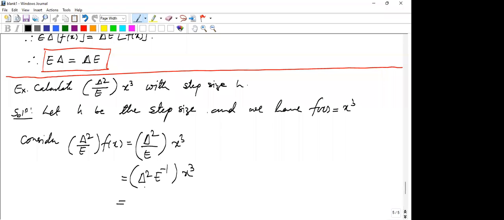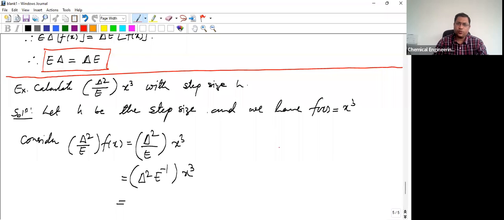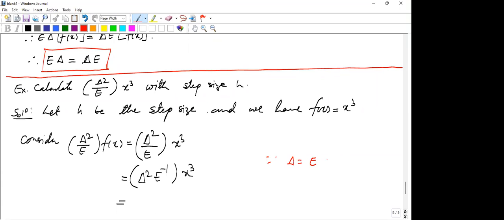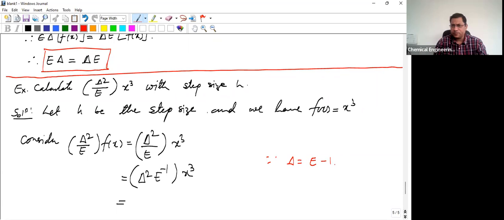Since we know delta is E minus 1, I'll write this as E minus 1 bracket square into E inverse operated on x cube.